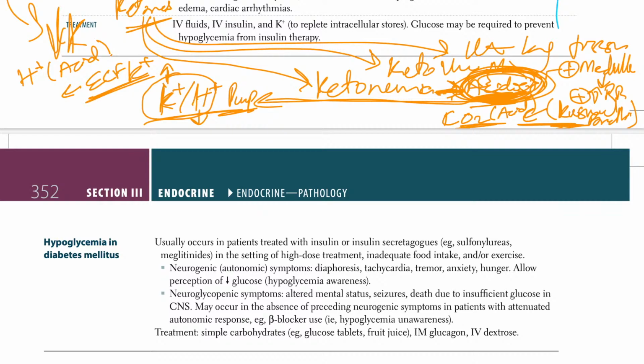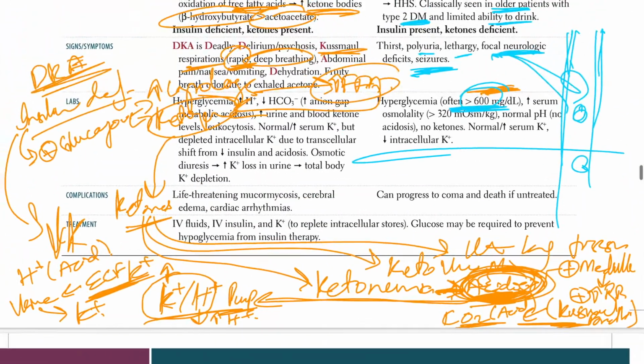So this extracellular potassium will just go out in urine with the osmotic diuresis. So we are going to lose all that extracellular potassium. Okay, and we have increased level of intracellular hydrogen ions. Okay, so with that, all pathophysiology, let's read the book now.